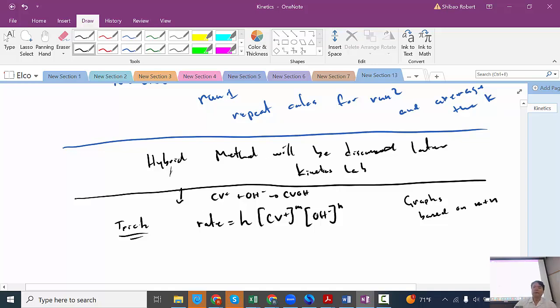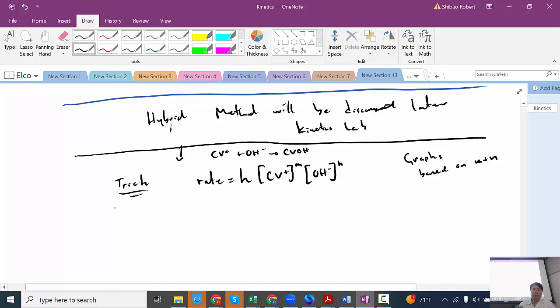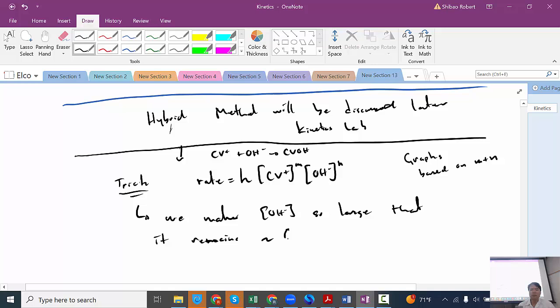So what we do is we do a trick. And this is the trick we do. The trick is we make this hydroxide concentration so high, so large, that it remains fairly constant over the course of reaction.